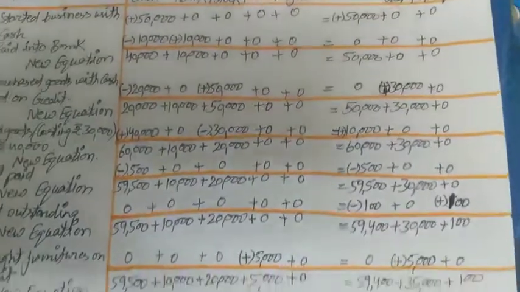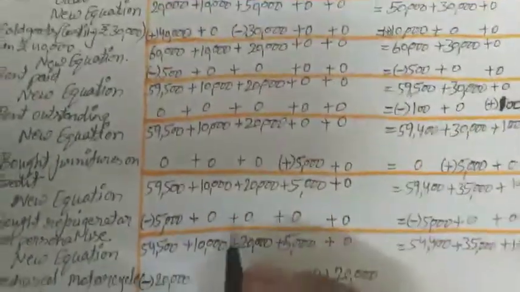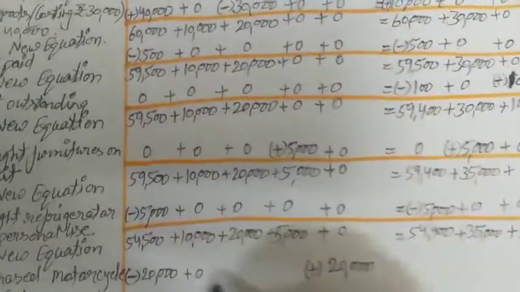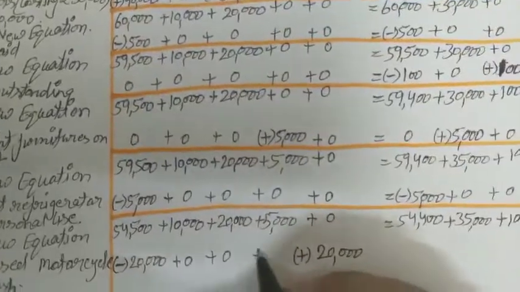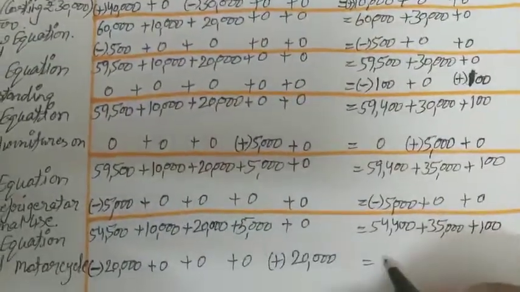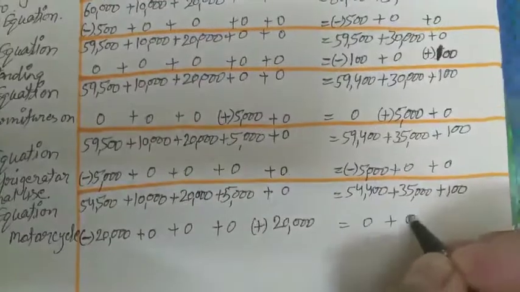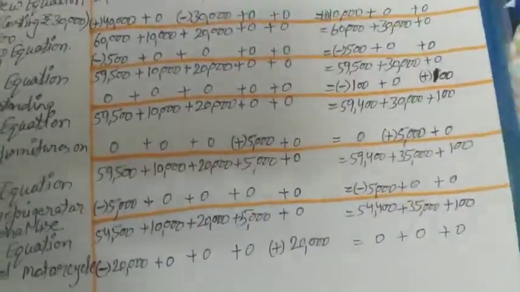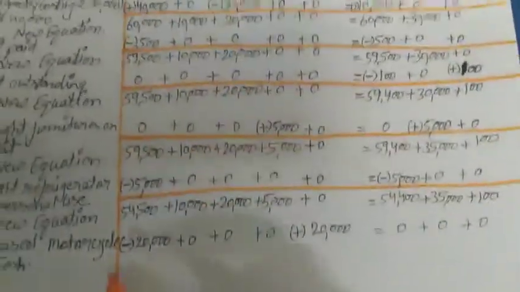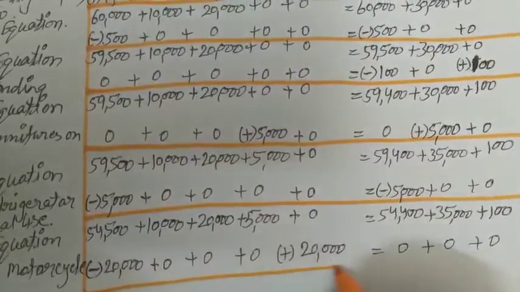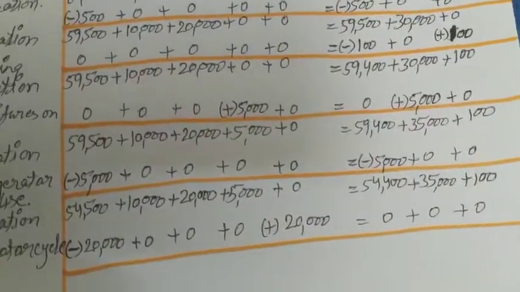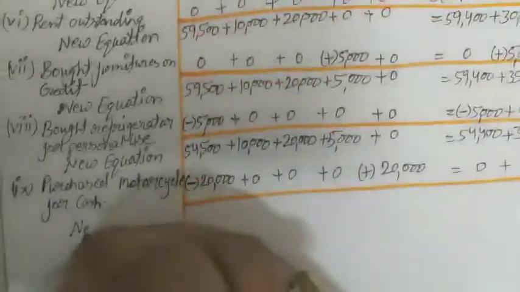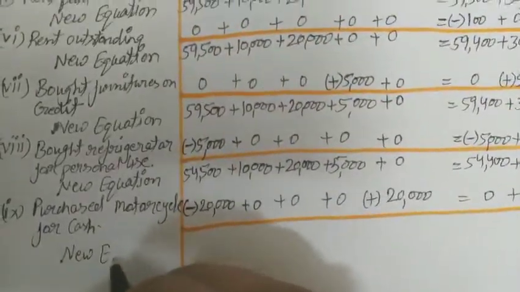Okay, now it is equal to 0 and no effect with any other transaction here. 0 plus 0 plus 0. Now the final new equation will be there after all the transactions.